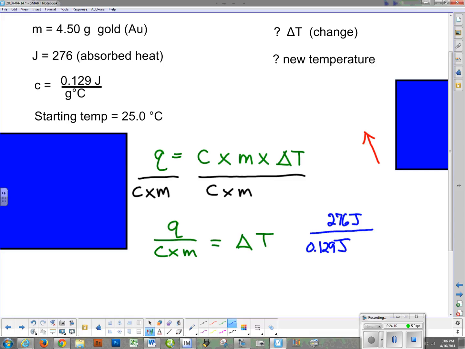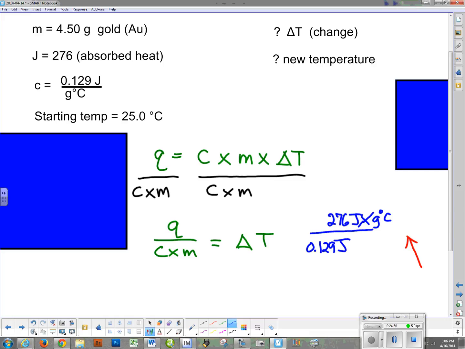Now when we have something underneath the joules, it's going to go on the top. Does everybody understand that? When I divide the joules over grams degrees centigrade, which would normally go down here, it actually gets flipped and comes up here. And so this is going to be times the grams degrees centigrade.